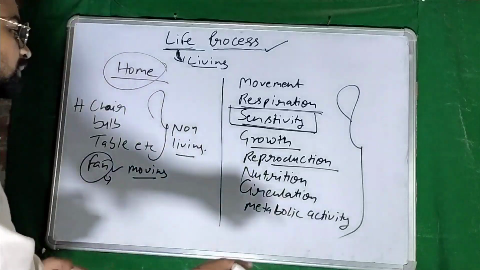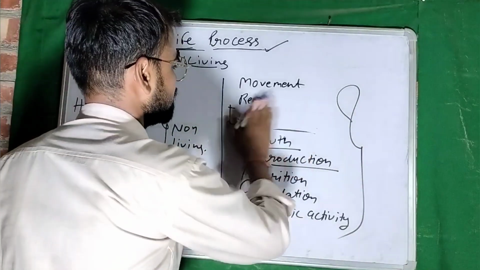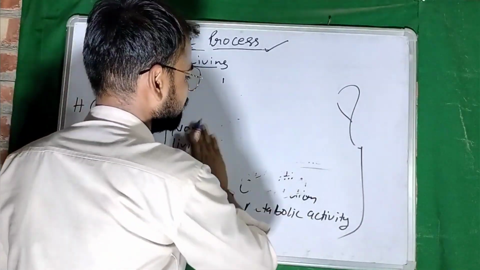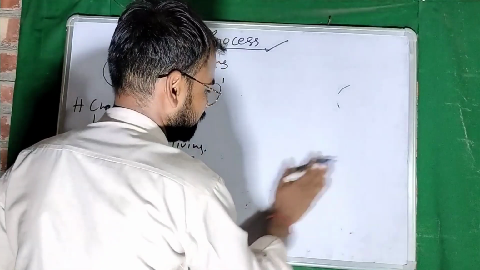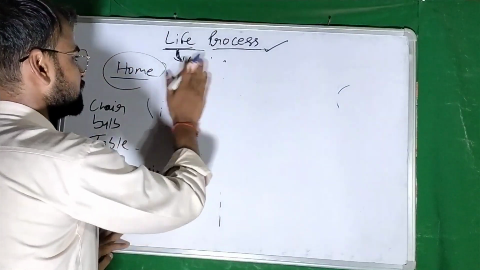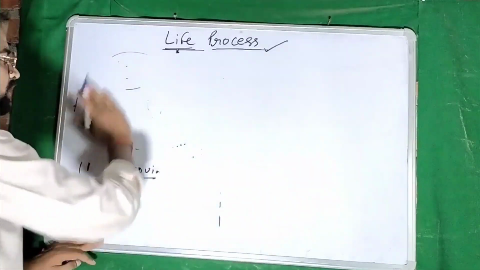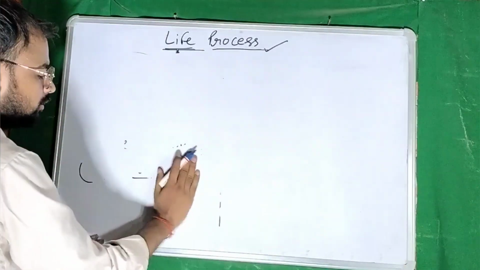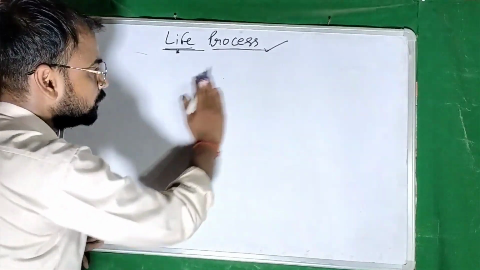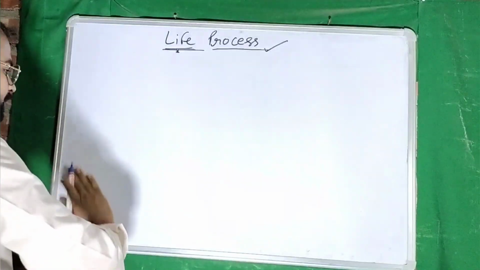There are some specific processes performed by living organisms which are essential for them, and process number one is nutrition. If any living organism does not perform nutrition, it cannot survive, it will die.